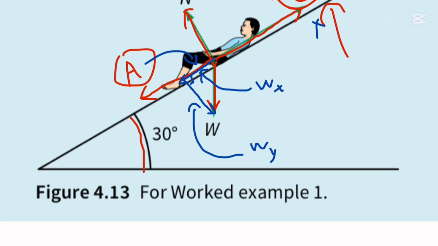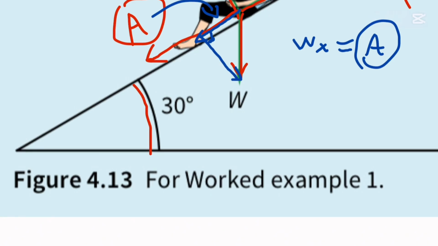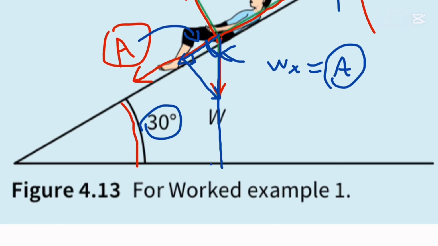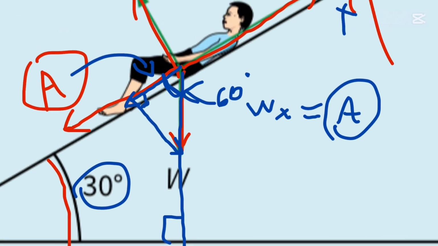As you can see, the Wx vector is the same as A. We can use simple trigonometry right here. It's a right angle triangle. This is 30 degrees. We draw the big triangle here, and then we can find this angle right here. It's a 30, 90, 60 triangle, so this is 60 degrees and this is 30 degrees.